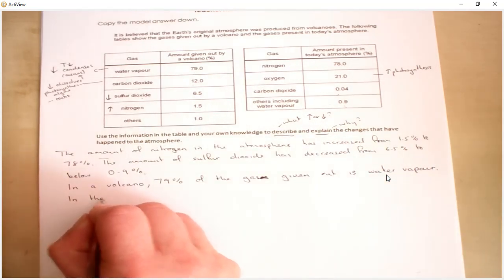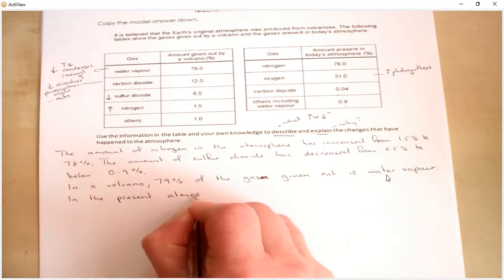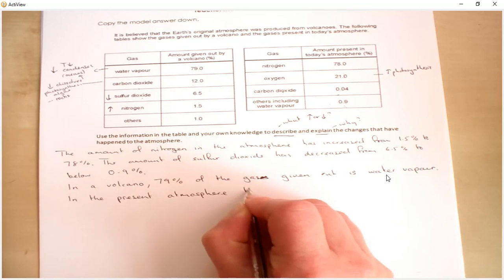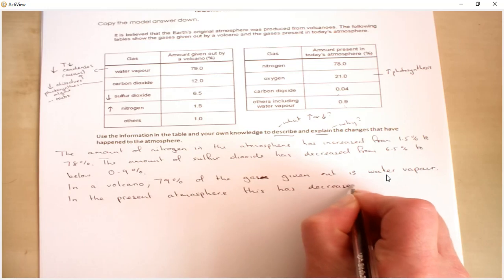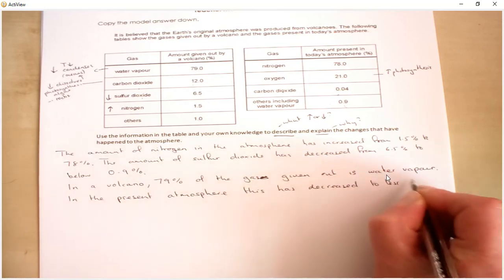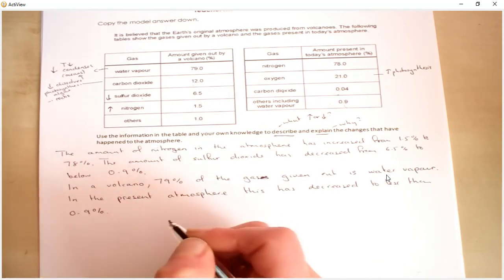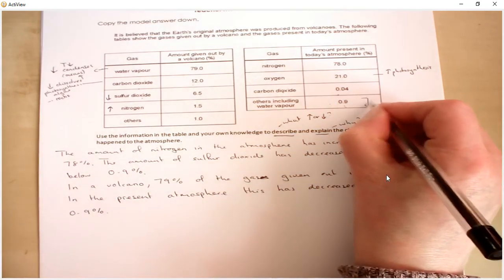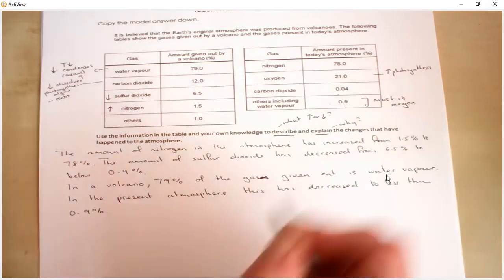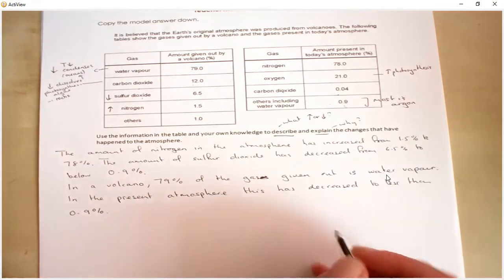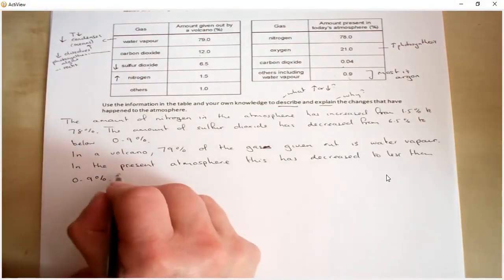In the present atmosphere, this has decreased to less than 0.9%. And in actual fact, most of this is argon. So actually it's a lot less than 0.9%. Right, let's move that up slightly. Right, so that's our description.